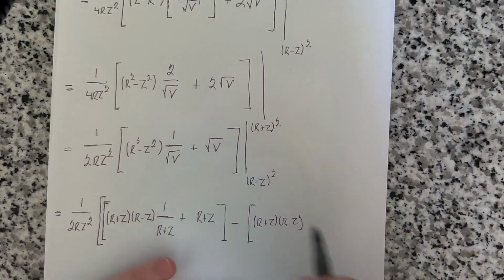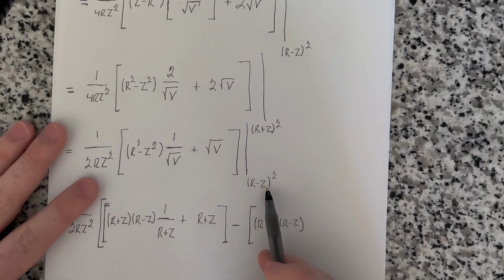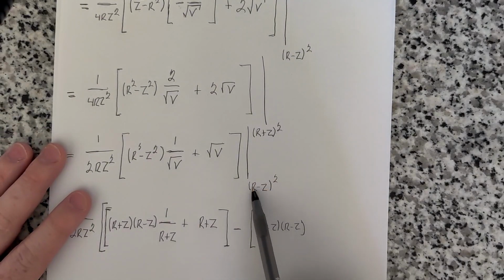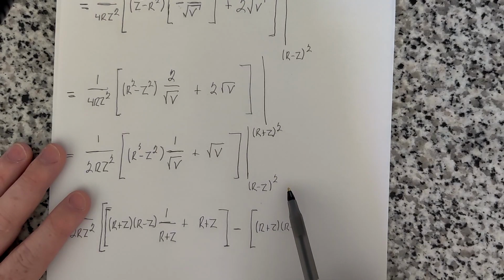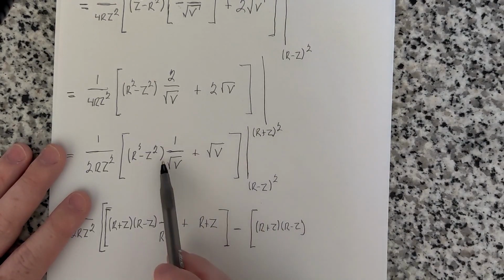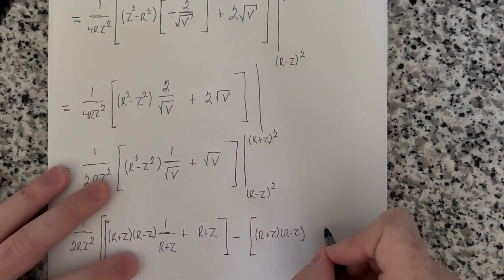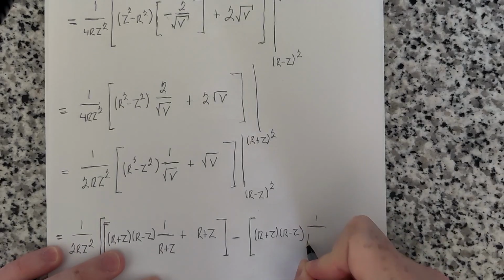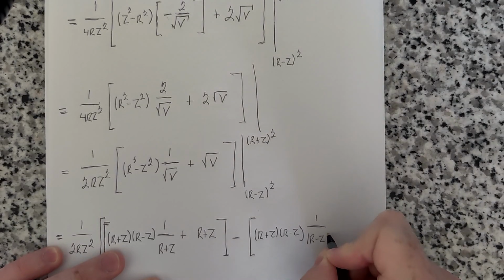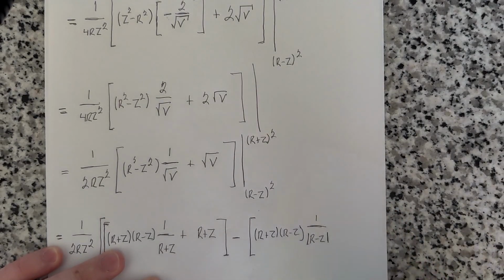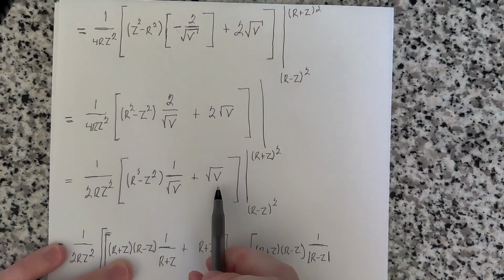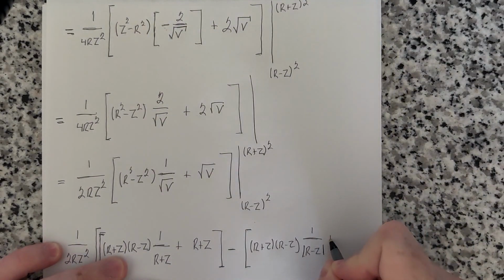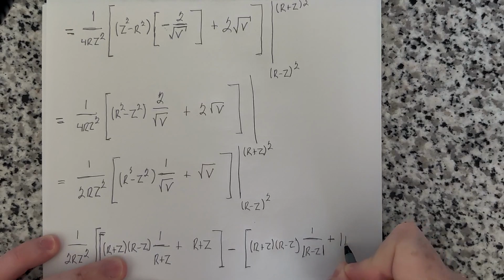So then we have 1 over the square root of r minus z squared, which if this was negative, it's squared, so it would be positive, and so throwing in the square root would be positive. So really it's just going to be the magnitude. We want 1 over the magnitude of r minus z, since it would always be positive. And then same thing for this. It's going to be plus the magnitude of r minus z.